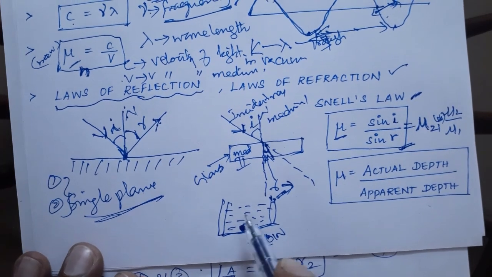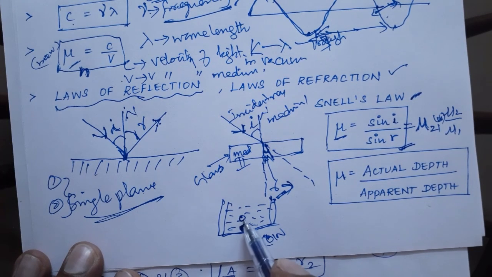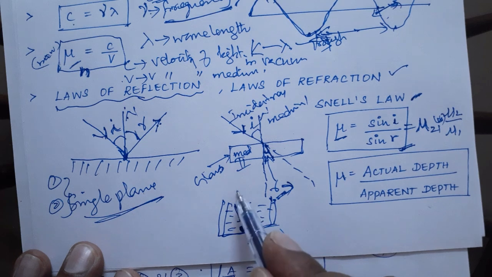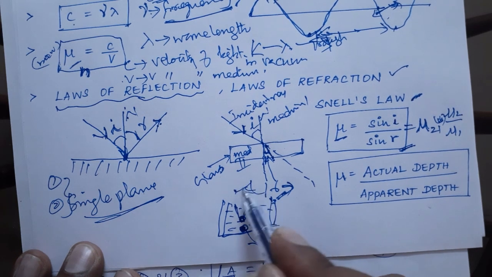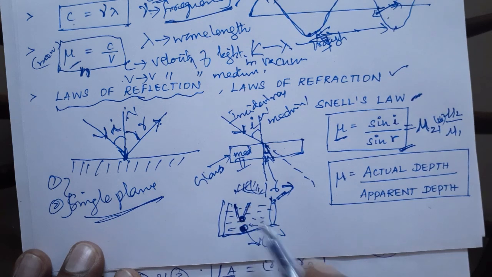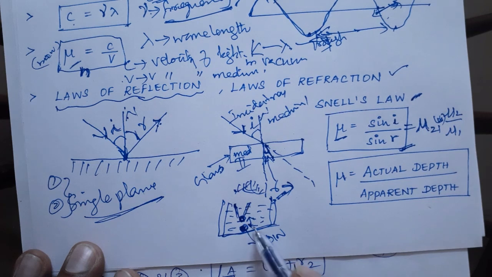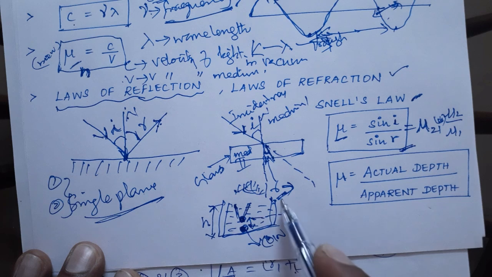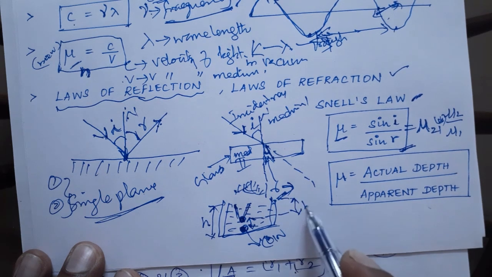Now the coin appears to be raised a little up while viewing from the outside. The coin appears to be a little bit raised from the bottom. So now the actual depth is, let it be h, and this is the apparent depth, h dash.